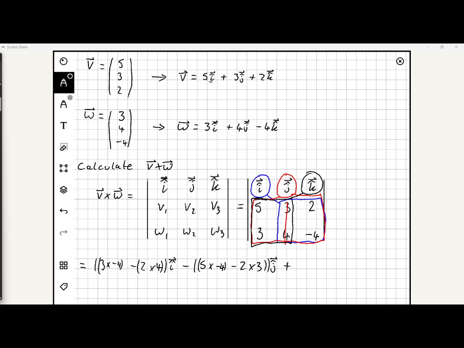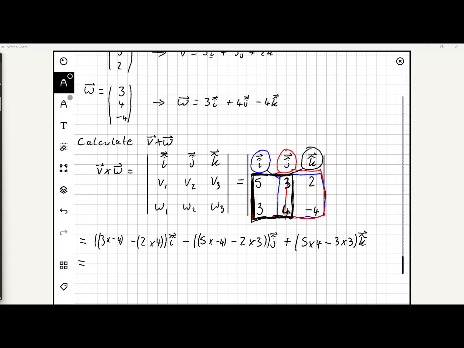And you can sort of see, like that, we're no longer ignoring this 3 and the 4. So we'll do the determinant of this block matrix, which is 5 times 4 minus 3 times 3. All of that times by the unit vector k.